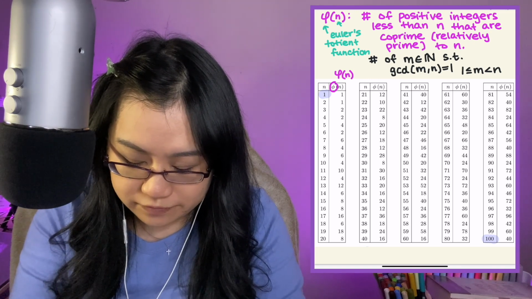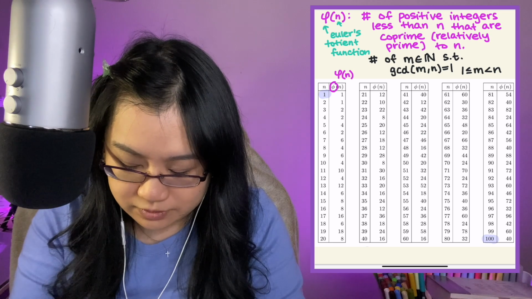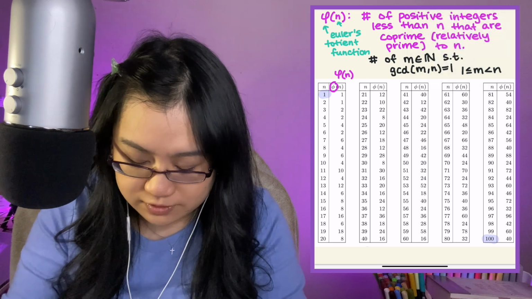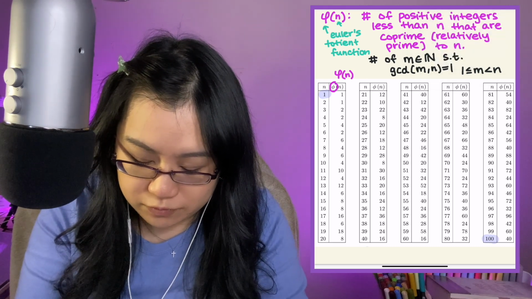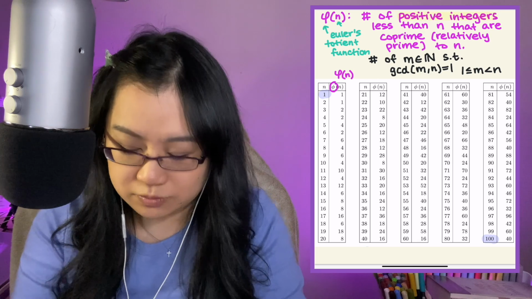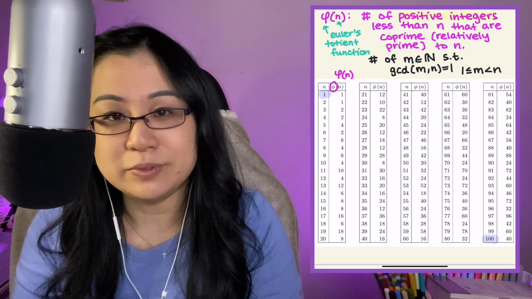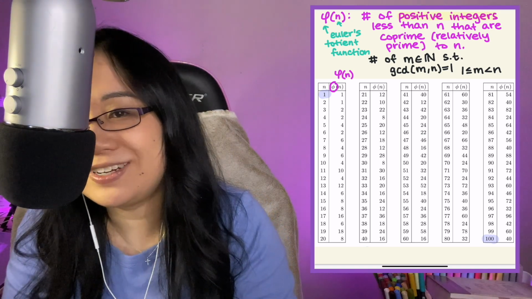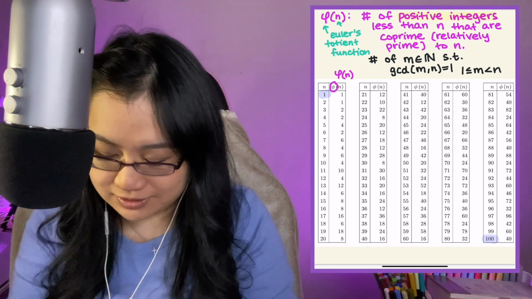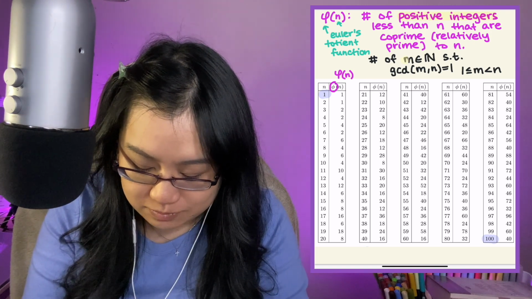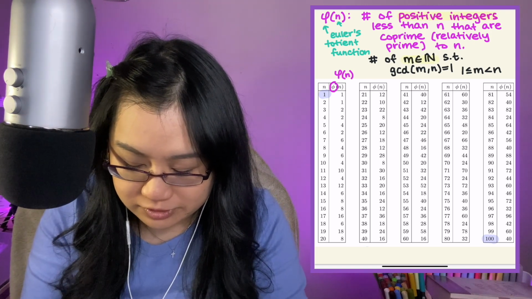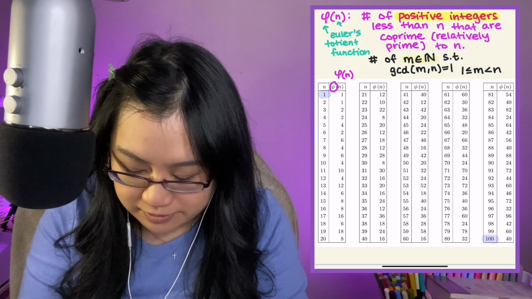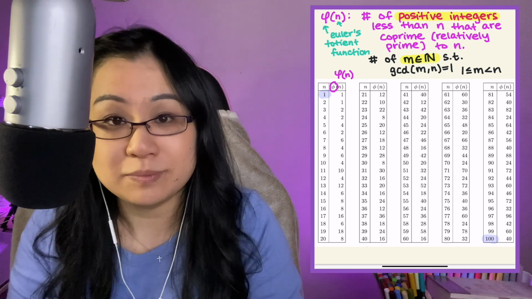So, first of all, I want you to get a hang of this definition here. So, for positive integers, we're talking about our whole counting numbers starting from 1. So 1, 2, 3, 4, 5, 6, 7, 8, 9, 10, etc., etc. that's this part. Numbers that are elements of the natural numbers, the set of natural numbers.